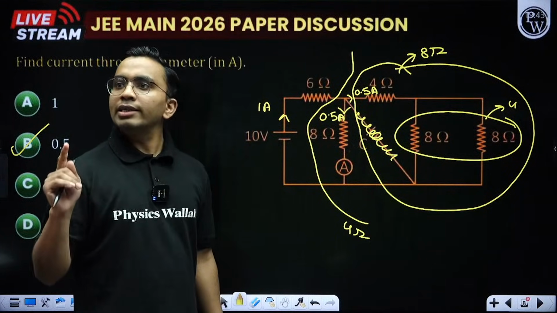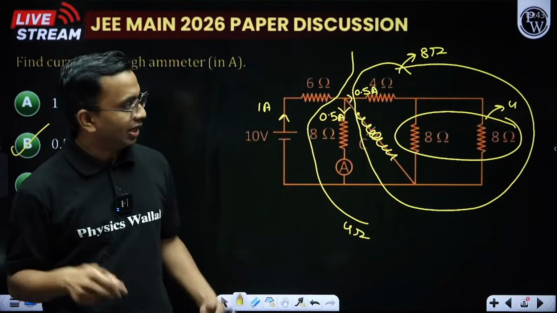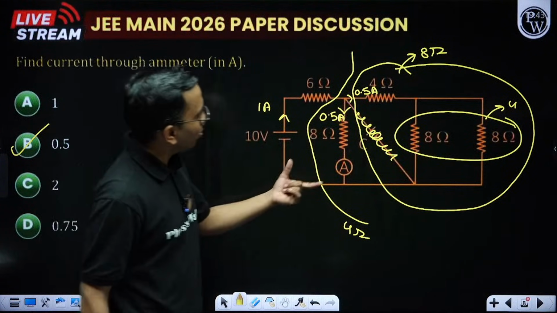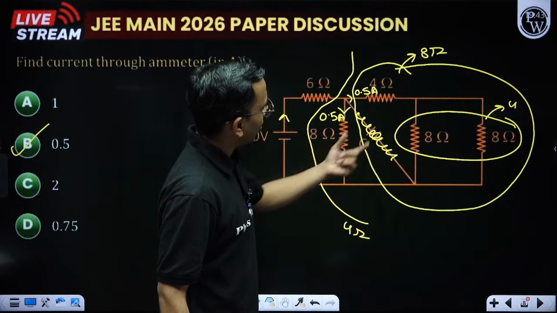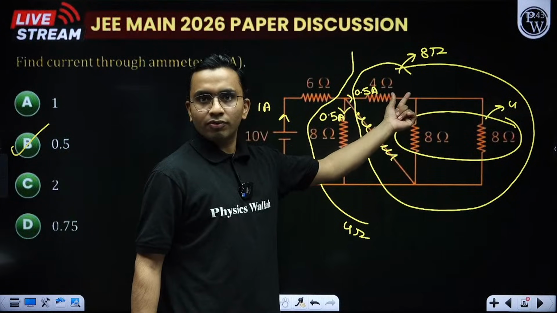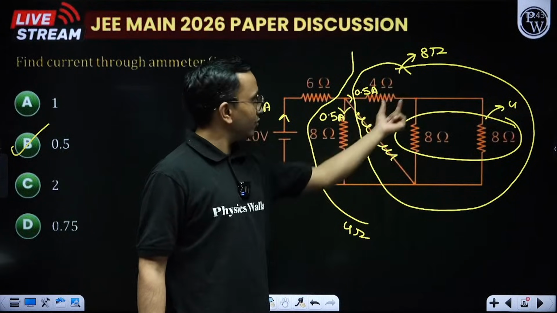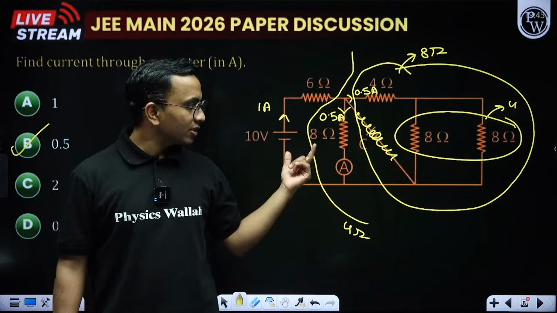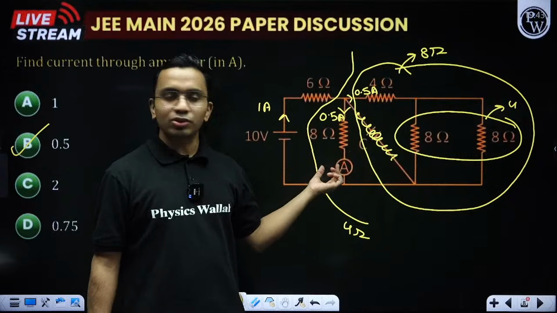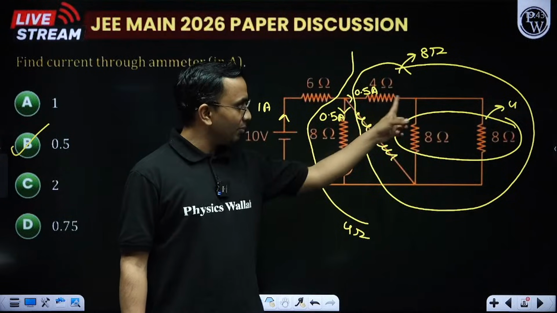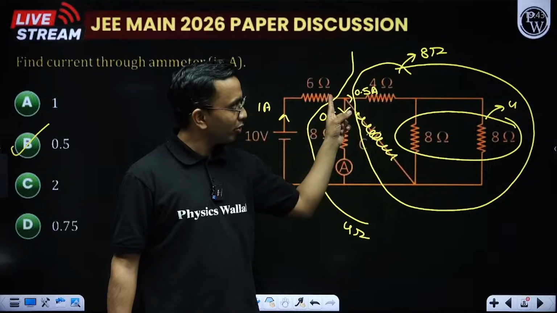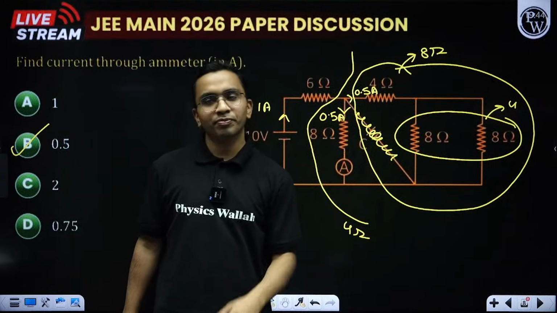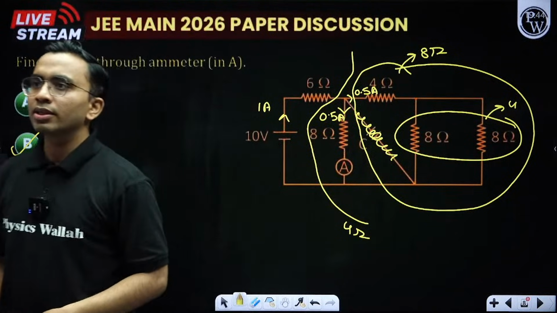Like you are saying, in the actual JEE Mains question the emitter was opposite to the 4 ohm resistor, so instead of here, it was here. Might be, this is memory based. So the answer will still remain 0.5, because here 0.5 current is going. Thank you for mentioning that.